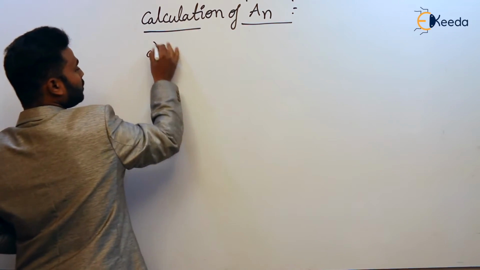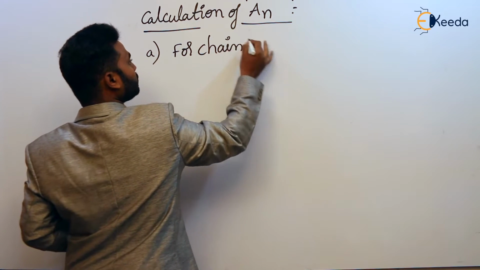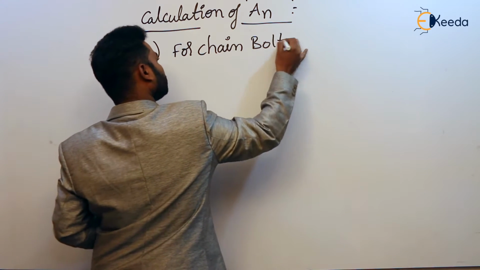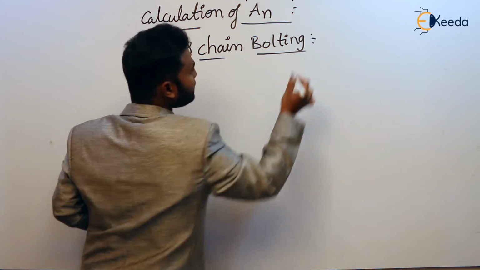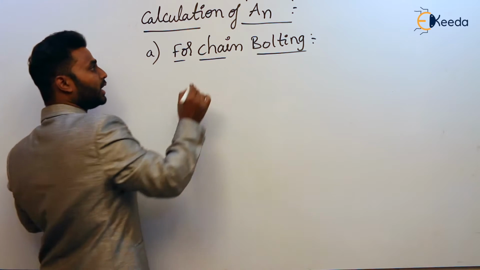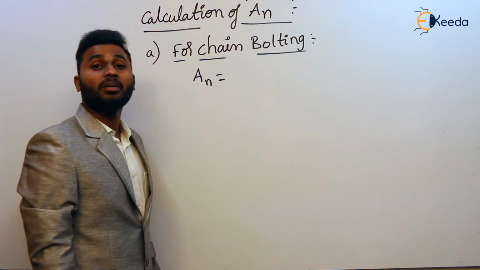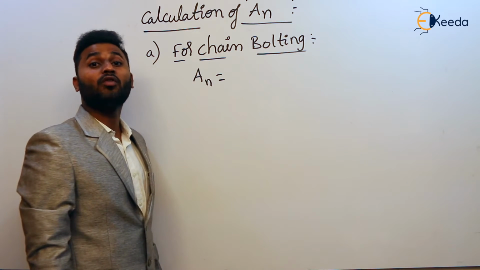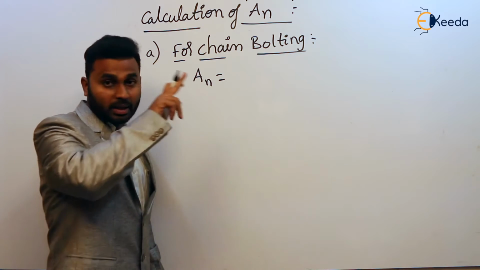First, for chain bolting. What chain bolting is and how it is provided, we have discussed in detail, so I am not going to show the diagram again. Directly I am giving the A net. What is the critical section for the main plate in tension? 1-1, yes or no? This we have already discussed.